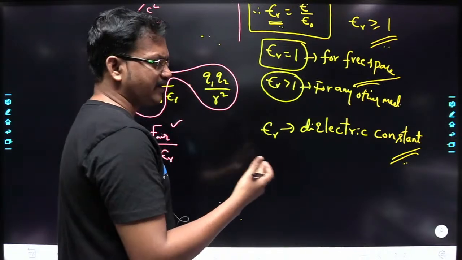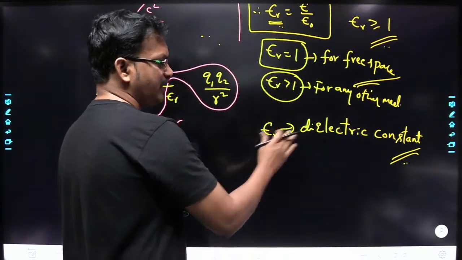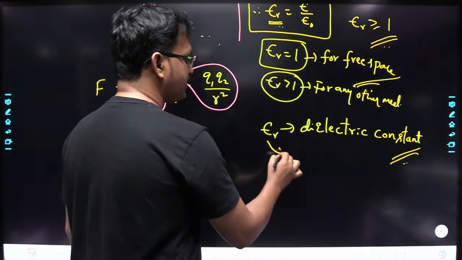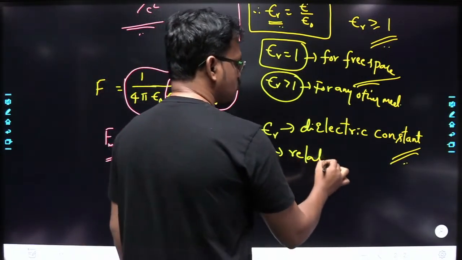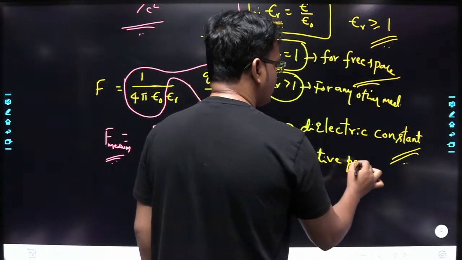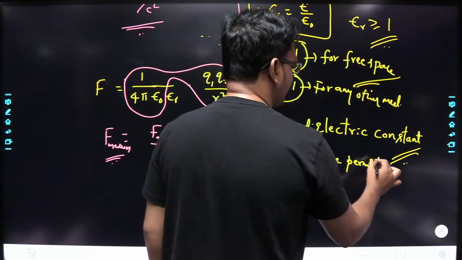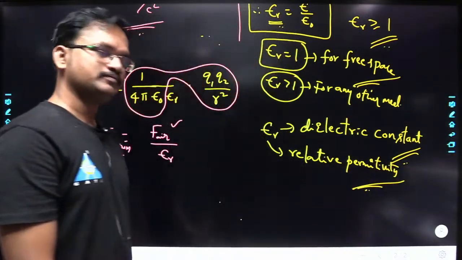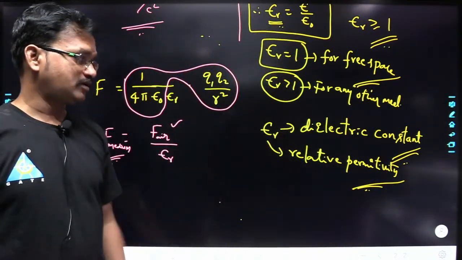It is not dielectric strength. It is called the dielectric constant of the material, or we can call it relative permittivity. Please correct this.